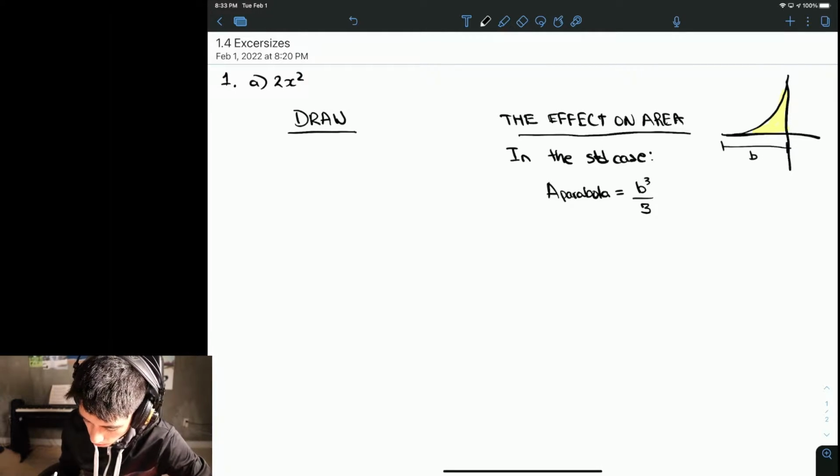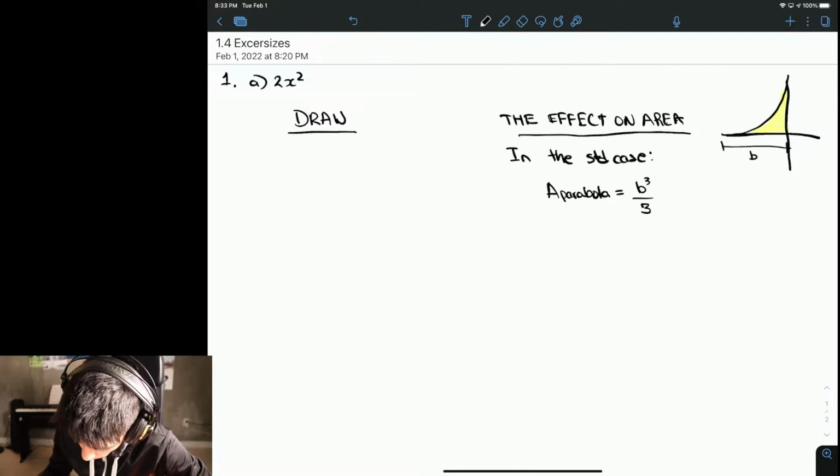And the way that this cube transpired was basically just a cancellation of a bunch of terms.